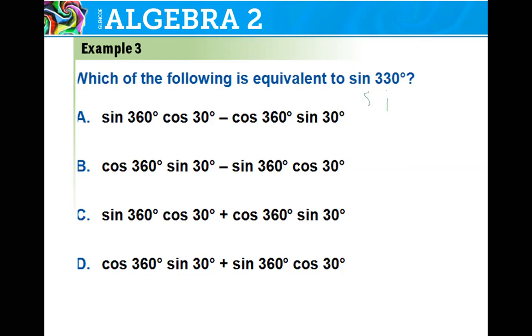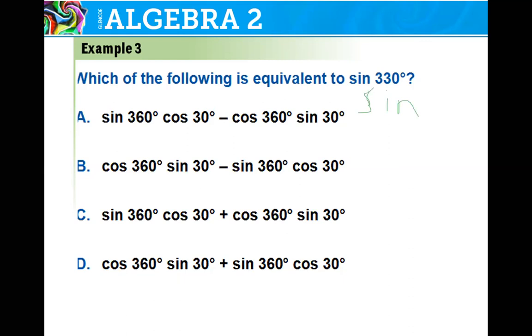So you can choose two angles. If you get the difference, it will be 330. What minus what equals 330? First, 360 minus 30.